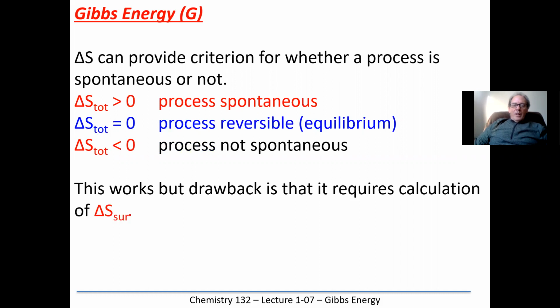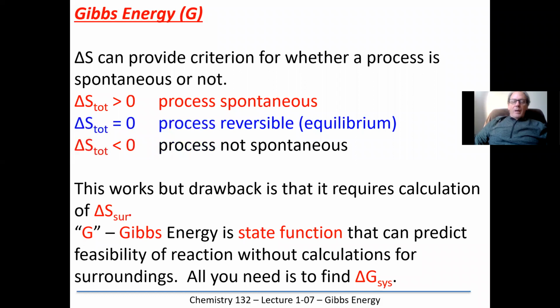Now this works, but the drawback is that it requires a calculation for delta S surroundings. Well, we're going to talk today about how we can figure out whether a reaction is spontaneous without using delta S surroundings. We're simply going to be using a quantity that is a defined state function we call Gibbs energy.